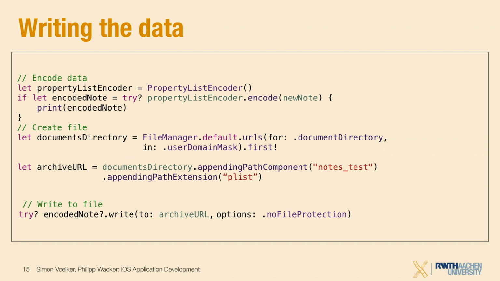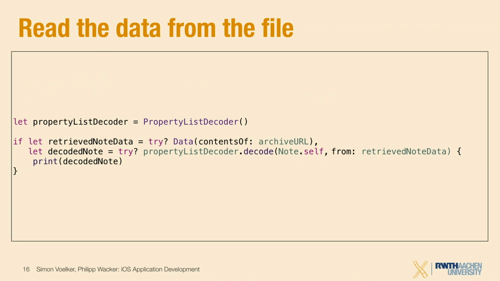OK. Now we have data on our hard drive, how can we get it back? And this is basically also quite simple by saying, OK, I have my propertyList decoder because I saved it as a propertyList. And what I'm doing is I'm taking the data class, and then it should read the content of my URL.